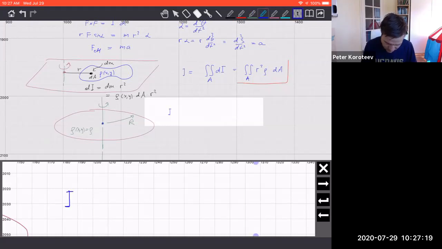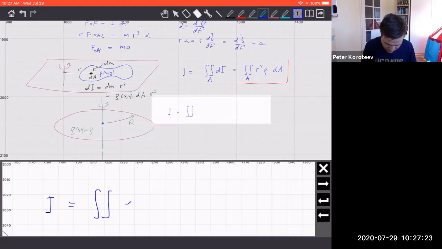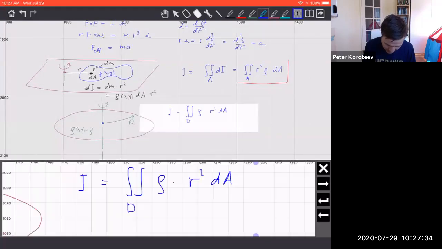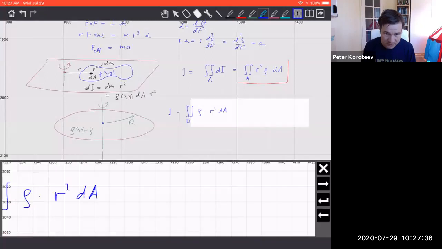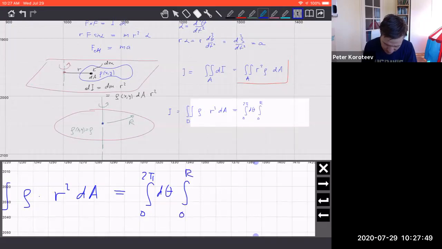The moment of inertia is equal to this integral of rho times r squared dA over the whole disk. And of course here it's much better to use polar coordinates because it's symmetric. So we would integrate from 0 to 2 pi d theta, and from 0 to capital R.